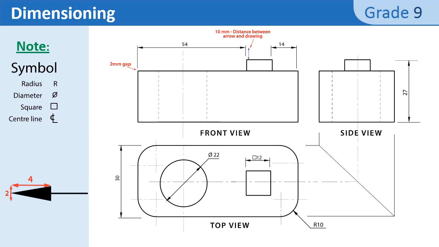One other thing, you must leave a distance of 1 millimeter to 2 millimeter between the arrow and its number, and the number must be at the center of the arrow.